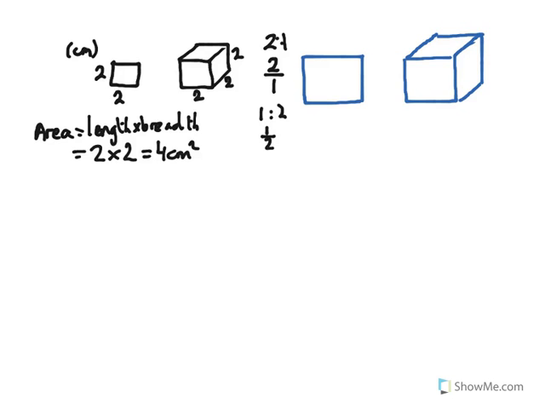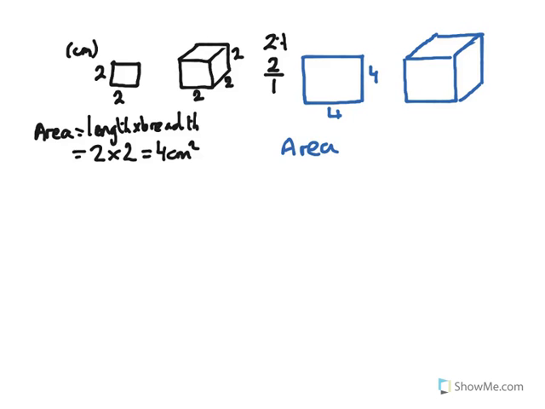But we've enlarged our scale by 2 to 1, so that now we know that this bottom is a length of 4, and the top is a breadth of 4 centimeters as well. So what happens then to the area? We have doubled the length, so the length has only doubled, but what happens to the area?